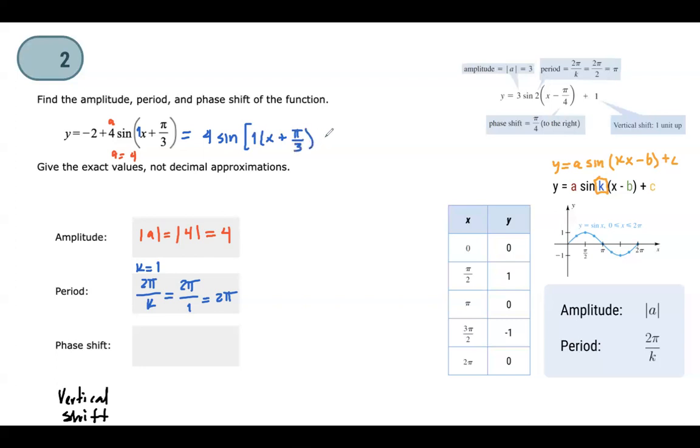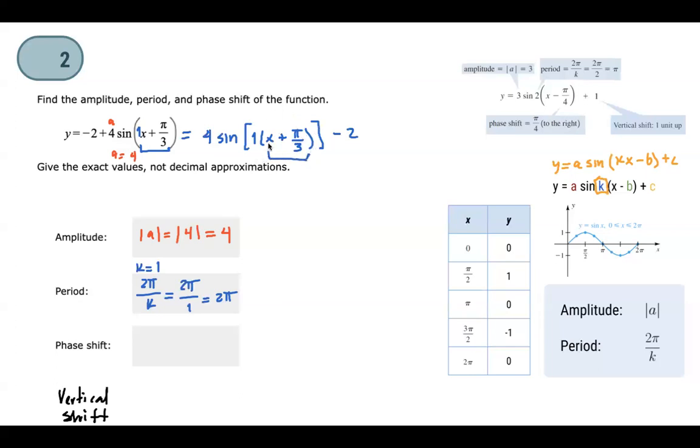In this case, it doesn't do pretty much anything. And in order to get your phase shift, you're going to solve for x, either here or here. Either way, you'll get your phase shift.